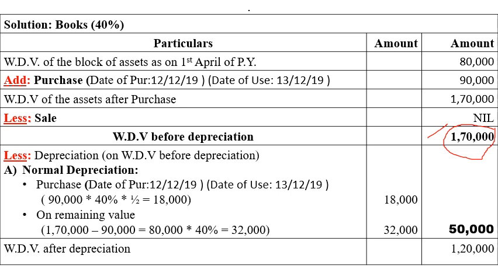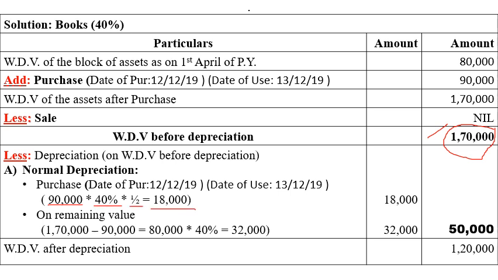Written down value before depreciation is 1,70,000, which is the value to be considered for the calculation of depreciation. So normal depreciation, first you have to calculate the depreciation on an asset which was purchased in the previous year and was used for less than 180 days. So 90,000, the newly purchased asset value, into 40% rate of depreciation into half.